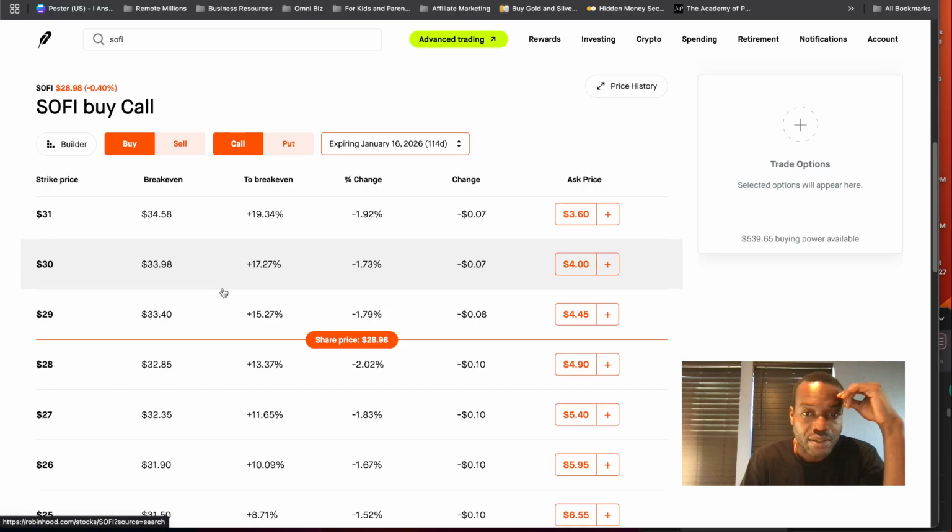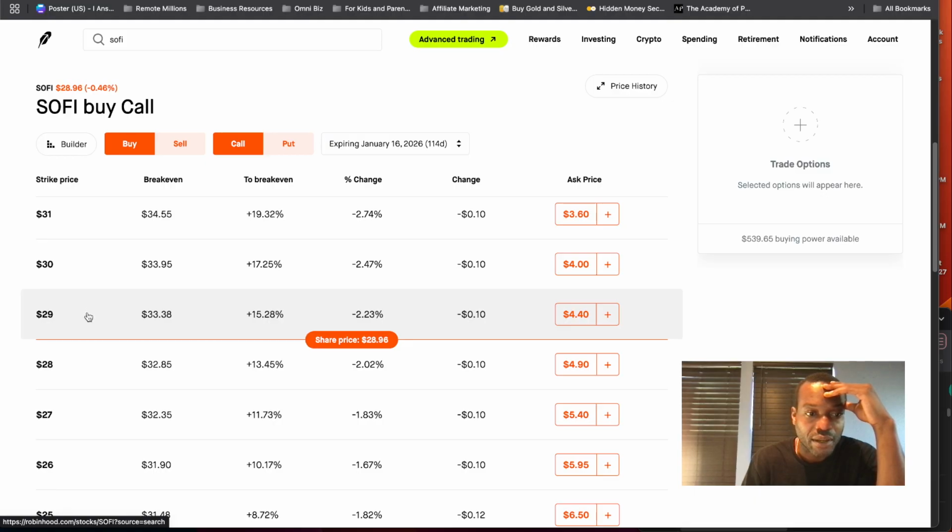See, I'm just looking at this, I could do it for cheaper, but oh, and the break even, I didn't notice that. So the break even is different when you go further out, because at 30 the break even wasn't 33 for the other one. But what I'm gonna do is get one that's in the money. I like to be safe right now.